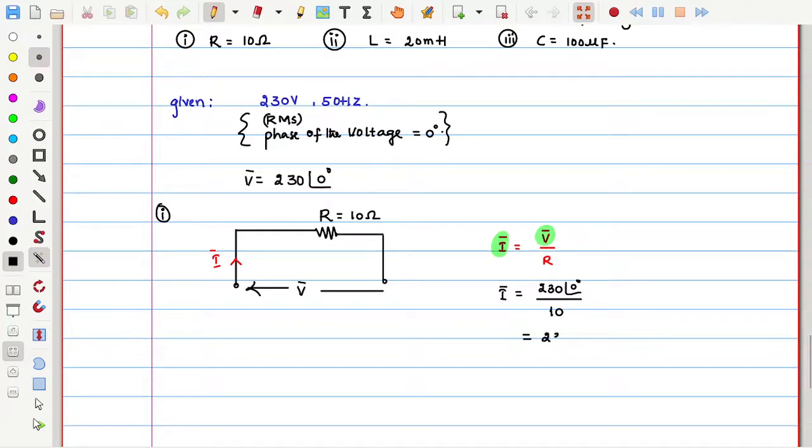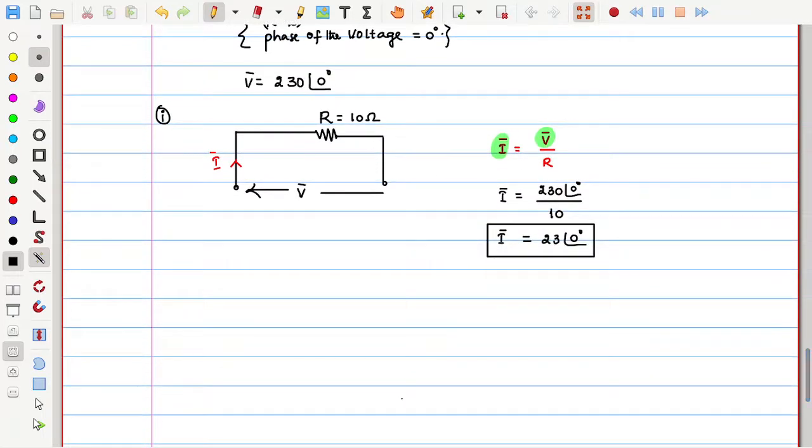So 23 at an angle of 0. Don't try to divide the phase and magnitude separately. Always make them a pair. Whenever you are writing something, magnitude and angle both must be there. Don't forget any one. Okay. So this is the current.